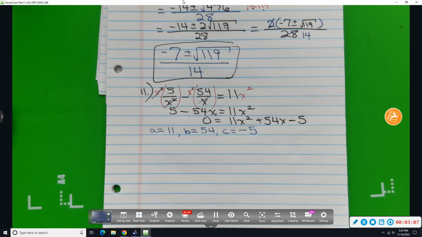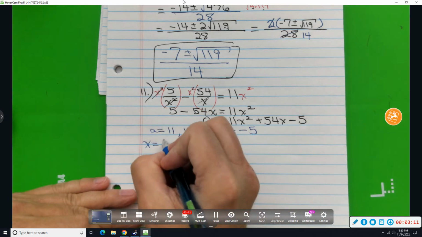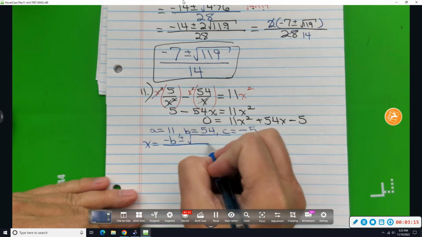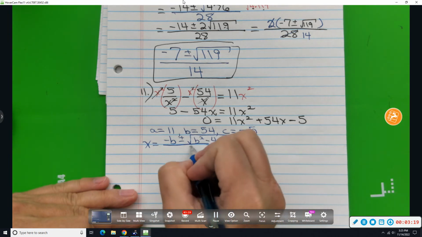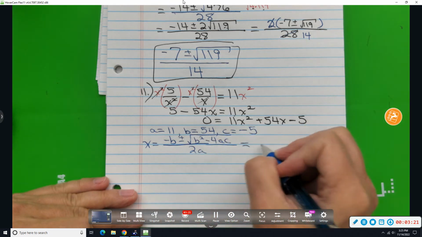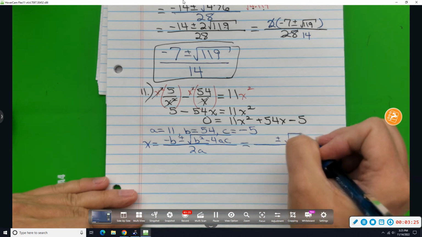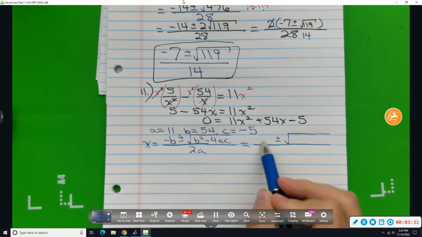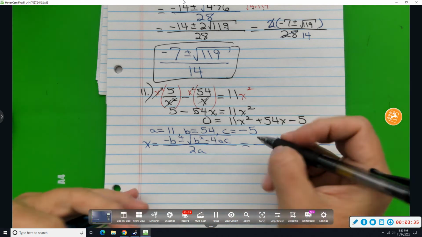Recall the quadratic formula. I'll rewrite it again. I hope I have enough room here on this sheet of paper. So, what have we got here? The opposite of 54 is a -54.